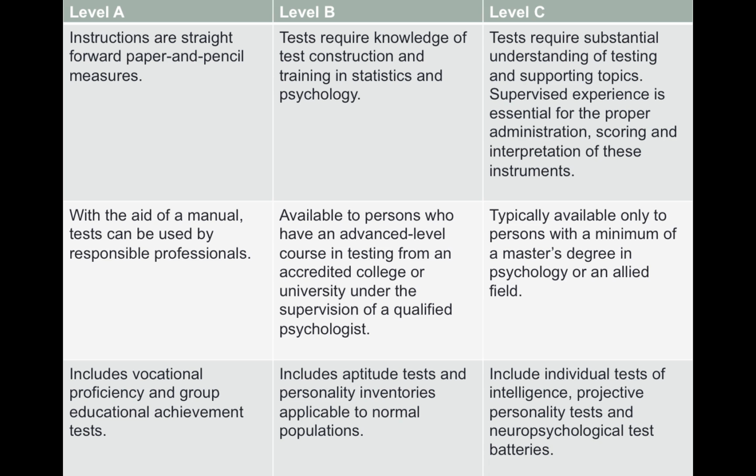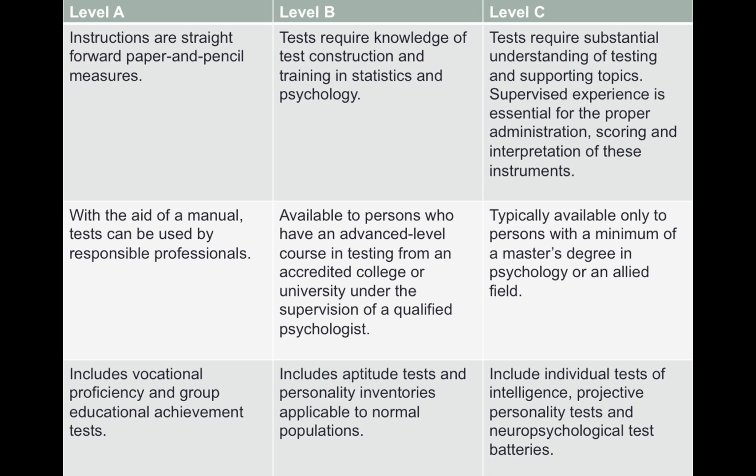Level B tests require knowledge of test construction and training in statistics and psychology. These products are available to persons who have completed an advanced level course in testing from an accredited college or university, or equivalent training under the supervision of a qualified psychologist. This category includes aptitude tests and personality inventories applicable to normal populations.